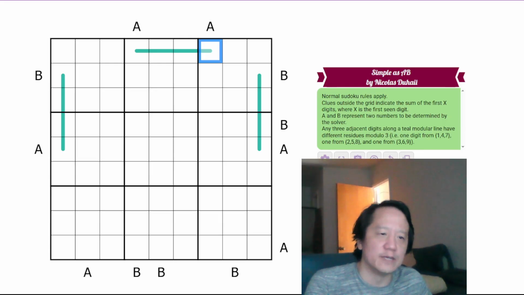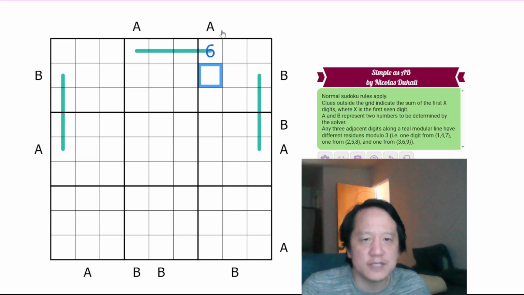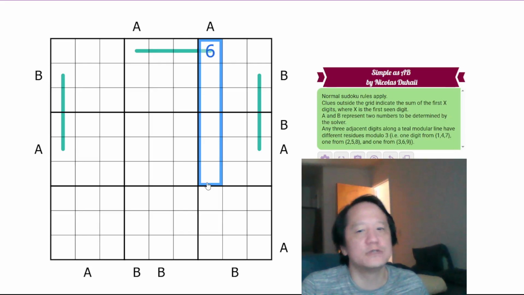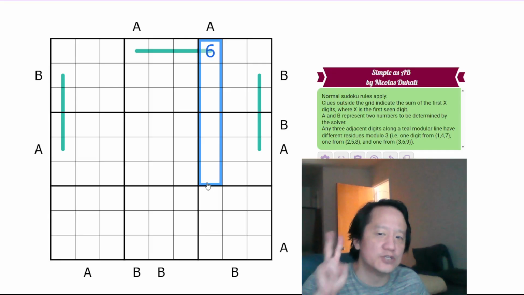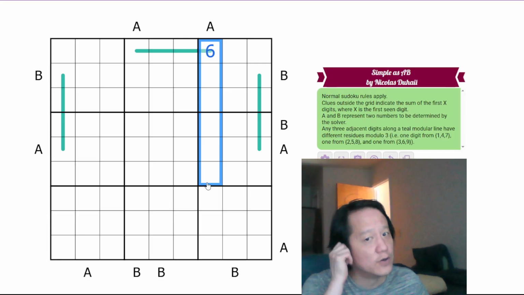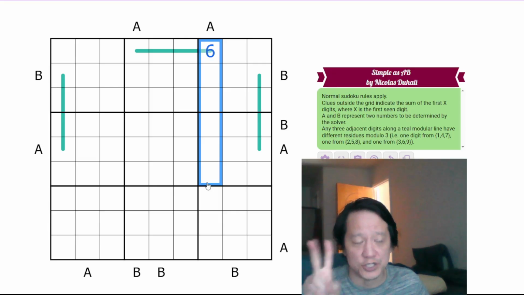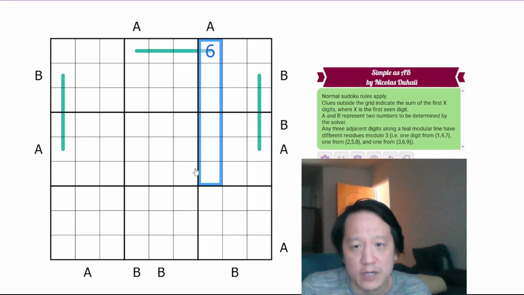So, for example, if we had 6 here, this A would have to be the sum of the first 6 digits seen here. And A and B represent two numbers to be determined by the solver. So again, these are numbers, not digits. So they could be two-digit numbers. Keep that in mind.